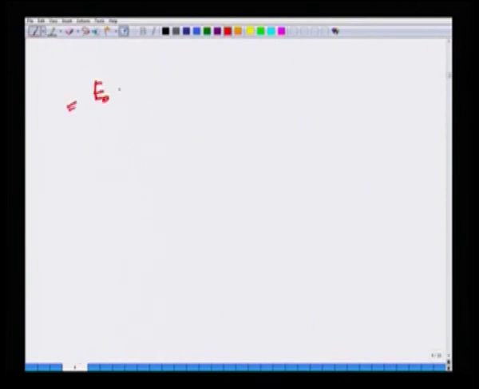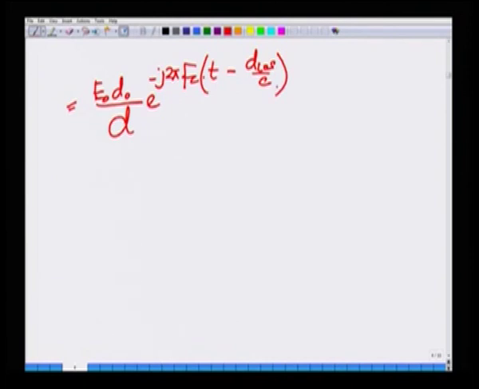This is E naught D naught by D e power minus j 2 pi f c t minus d LOS by C into 1 minus e power j 2 pi and delta d over c over f c is nothing but lambda. Hence, I can write this as delta d over lambda.